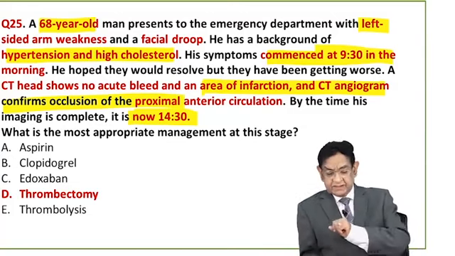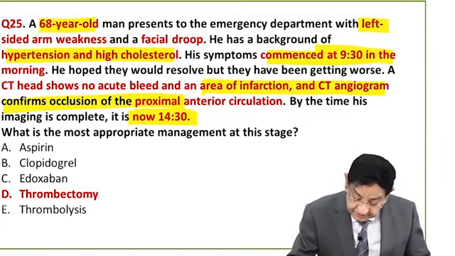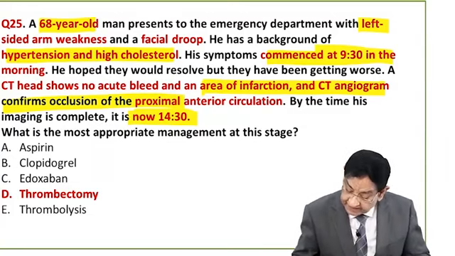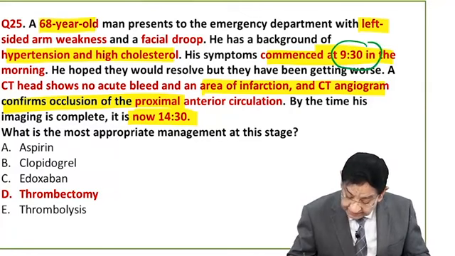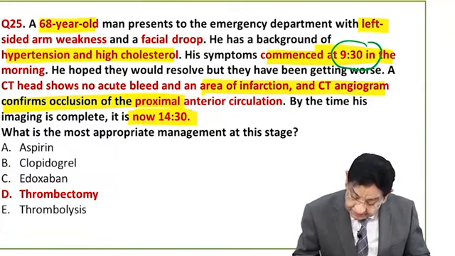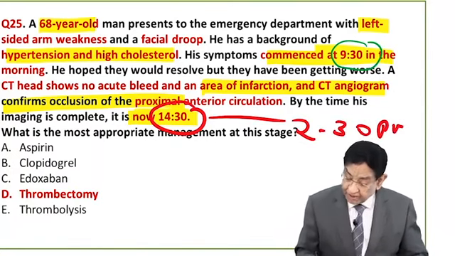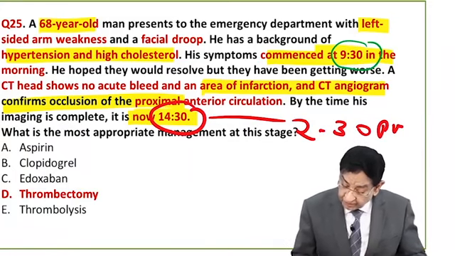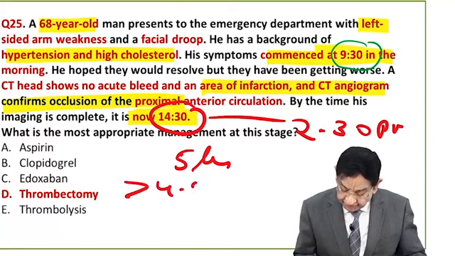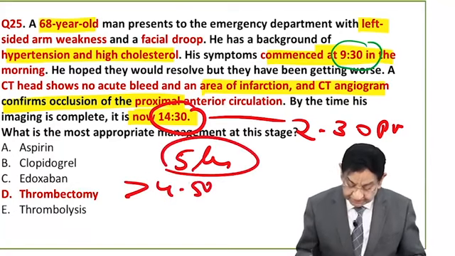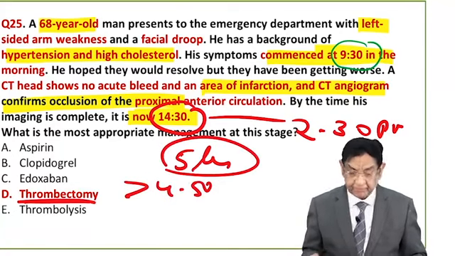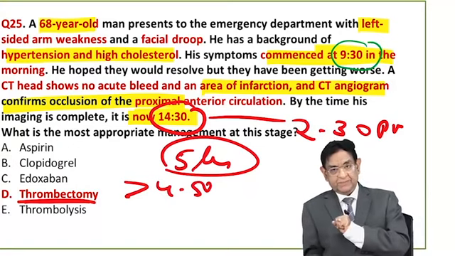I think it is 9:30 a.m. It is 2:30 p.m. It is a gap of how much time? 5 hours. The window period of 4.5 hours is gone, but 5 hours. Then the answer is thrombectomy is the best answer.